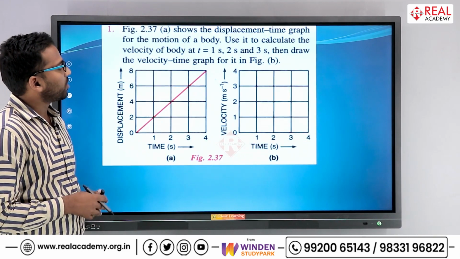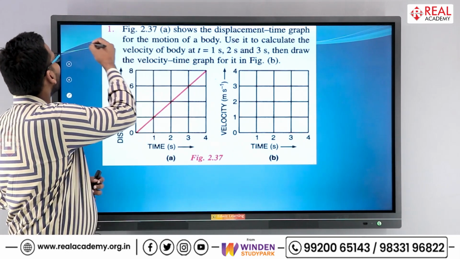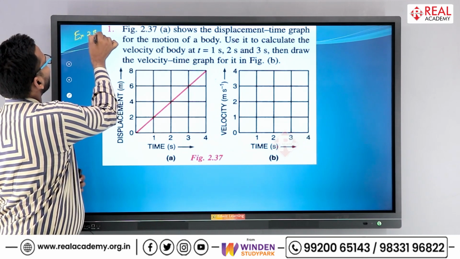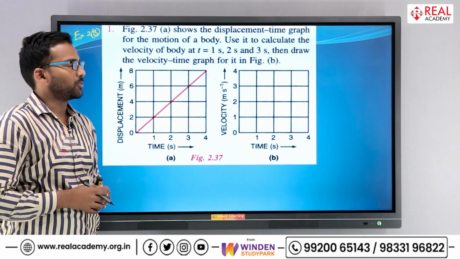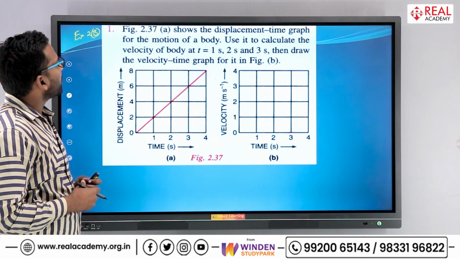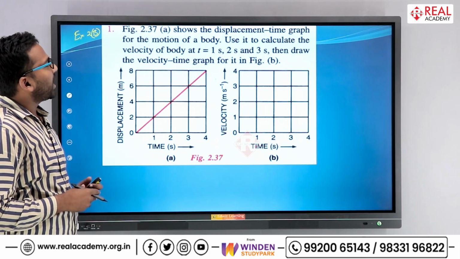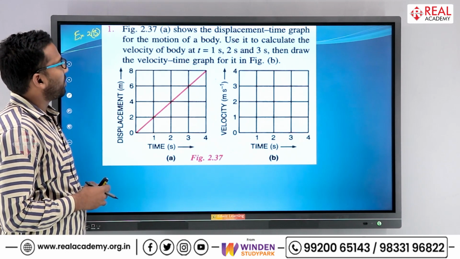Okay. So here is your first question from exercise 2B of the class 9th ICSE textbook. The question goes like this. Figure 2.37a shows the displacement time graph for the motion of a body.